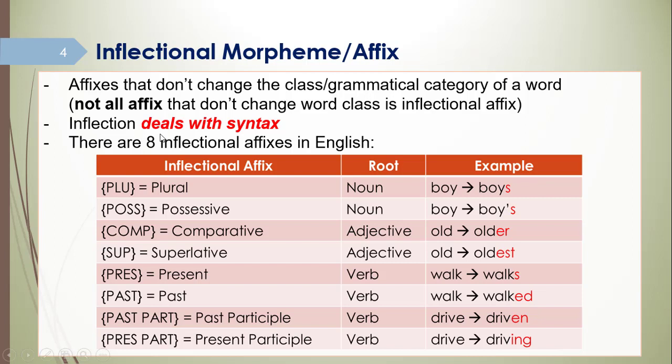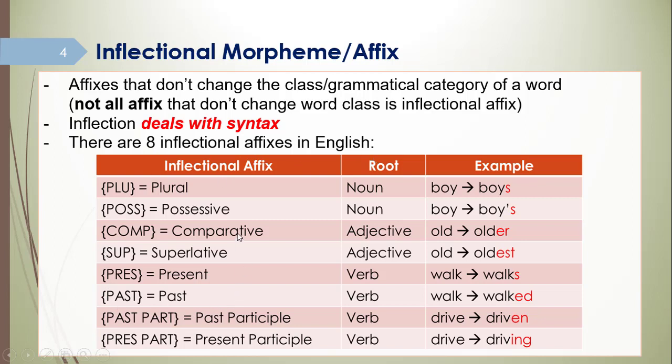This is the thing that only inflectional affixes have: inflection deals with syntax. This is something that derivational affixes don't have. And there are only 8 inflectional affixes in English.